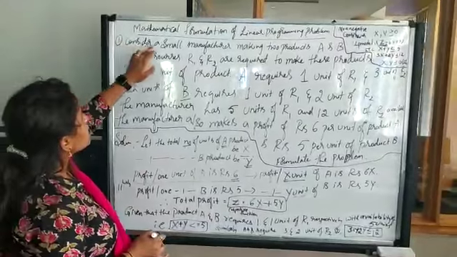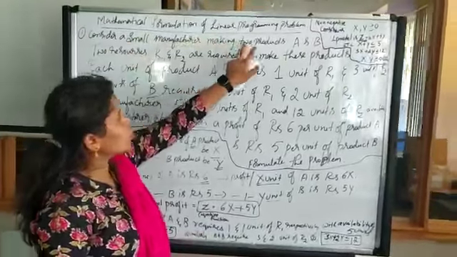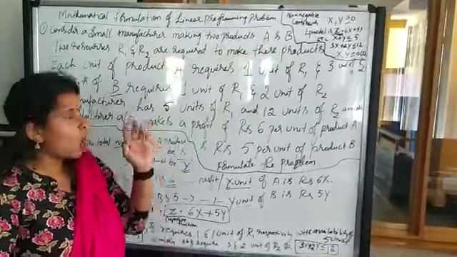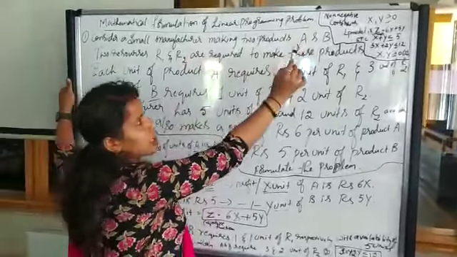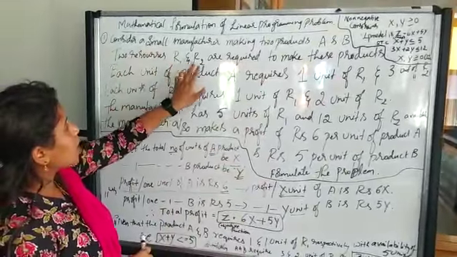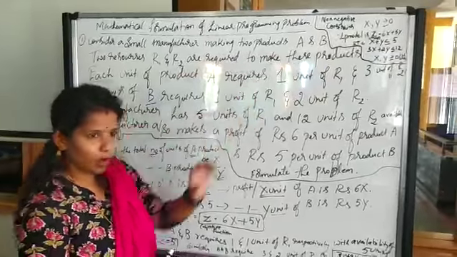First thing is, consider a small manufacturer making two products. So a manufacturer is there and he is making two products. I am calling those two products A and B. Two resources R1 and R2 are required to make these two products.